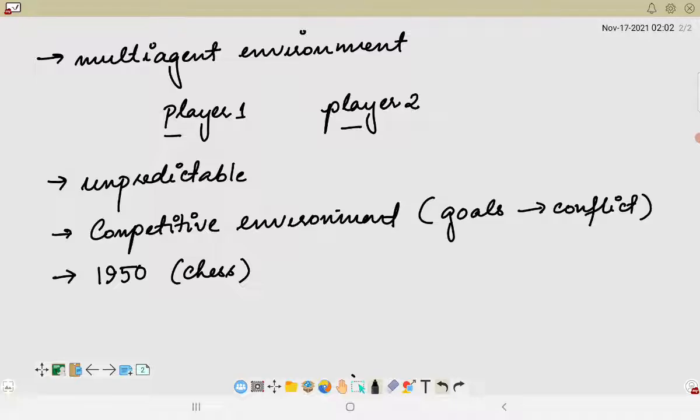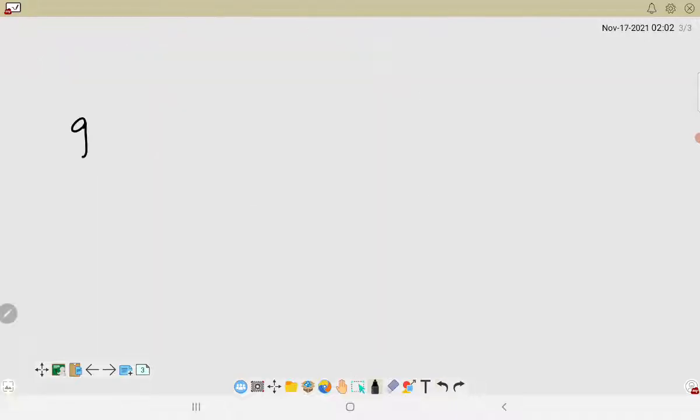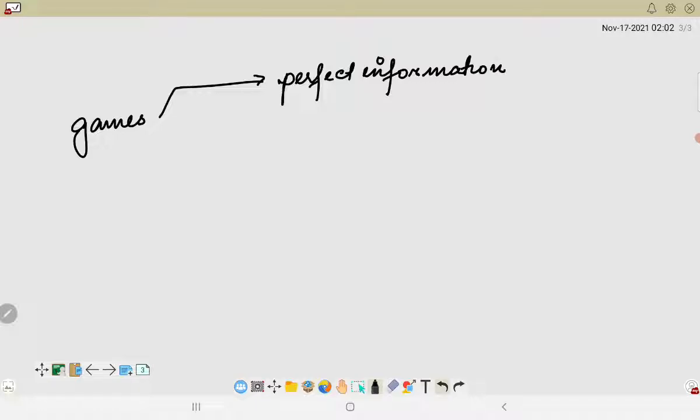Now, whenever we are talking about games, in one part we might have perfect information about the environment and other associated parameters, and we call it a deterministic environment, where we can identify or determine the various consequences.